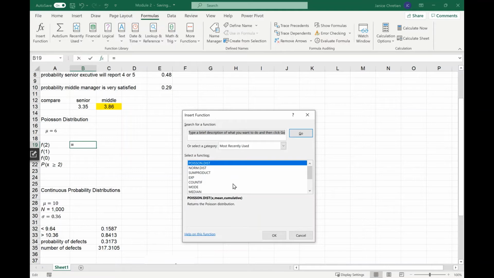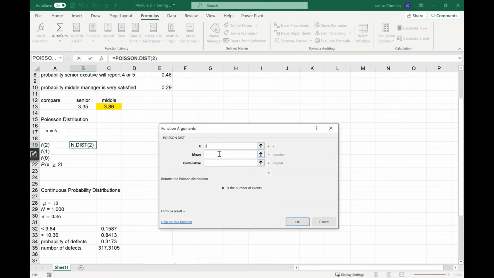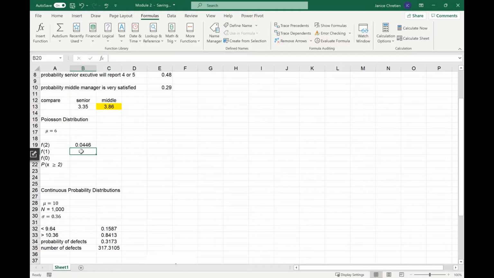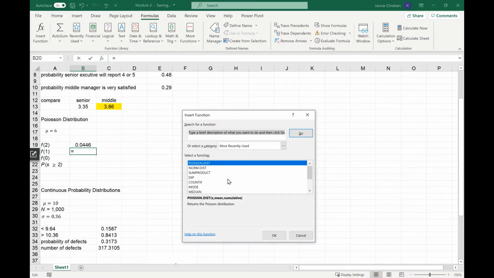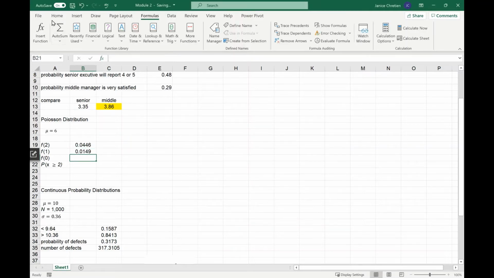So insert function, Poisson distribution, x is 2, mean 6, and in this case my cumulative is false. And I'll do this again with the value of x being 1. My mean is 6, cumulative is false. And then I will find for 0.